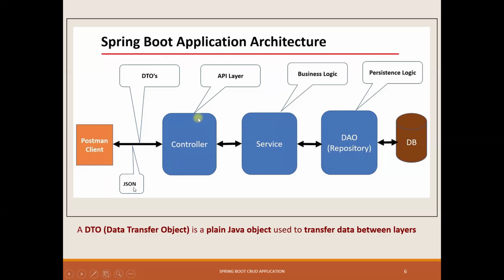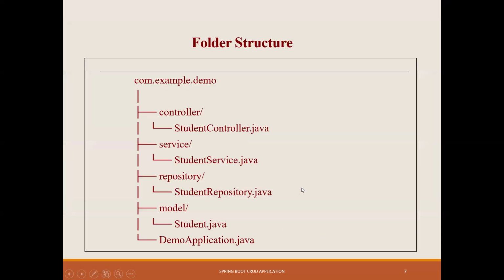That will be given in JSON format to the end user. Then we have DTO, which stands for data transfer object. It is a plain Java object that is used to transfer data between different layers.